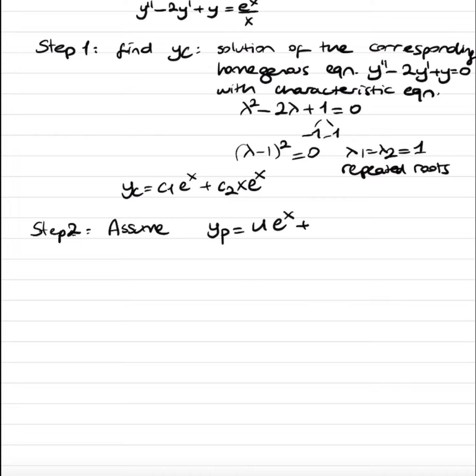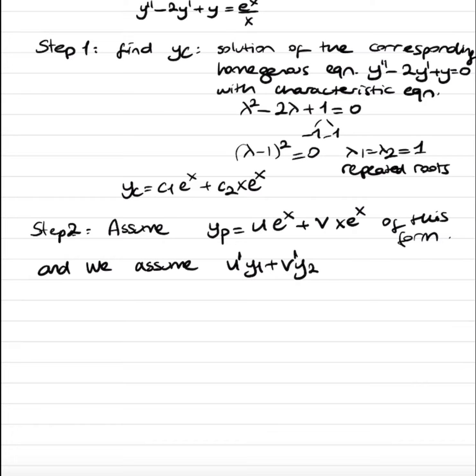Assume y particular is of this form, and we always assume u prime y1 plus v prime y2 is equal to 0. So u prime e to the power x plus v prime x e to the power x is equal to 0 in this case. We always assume this to make the computations easier.